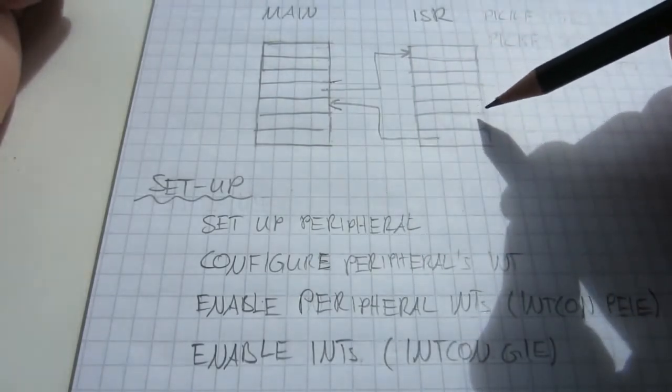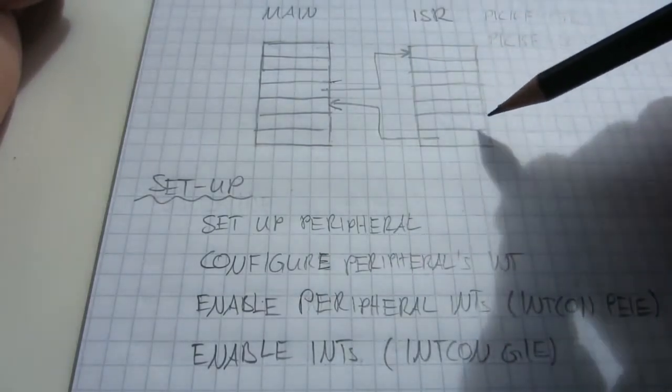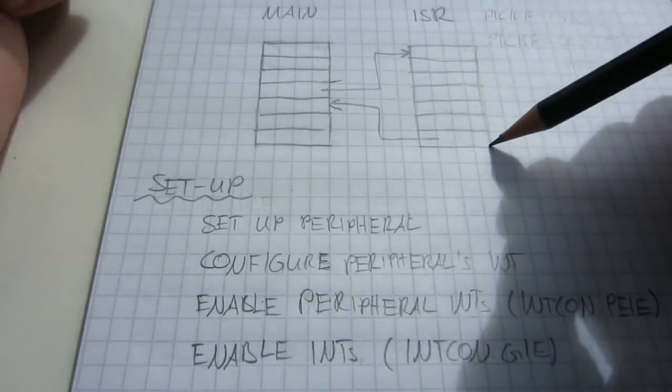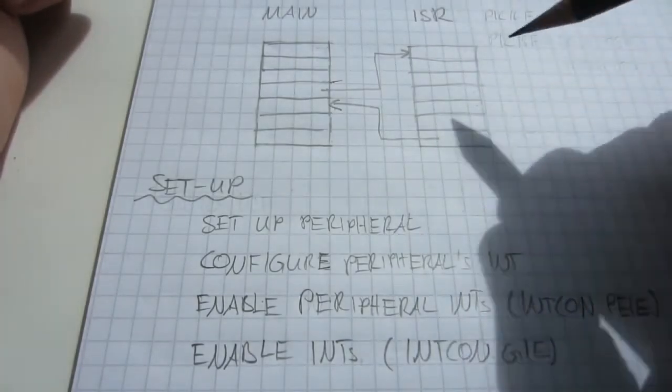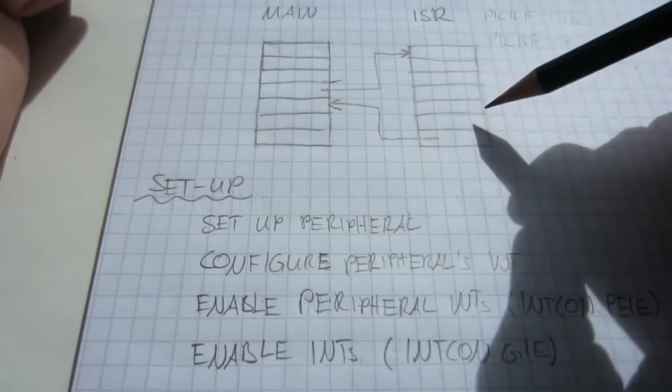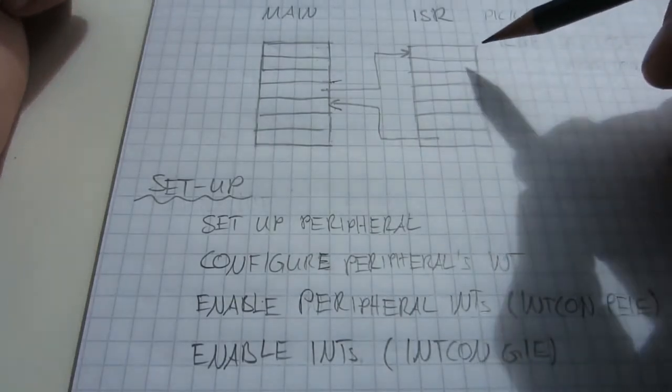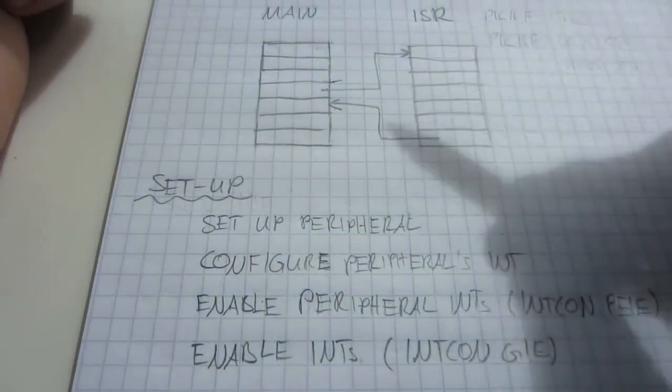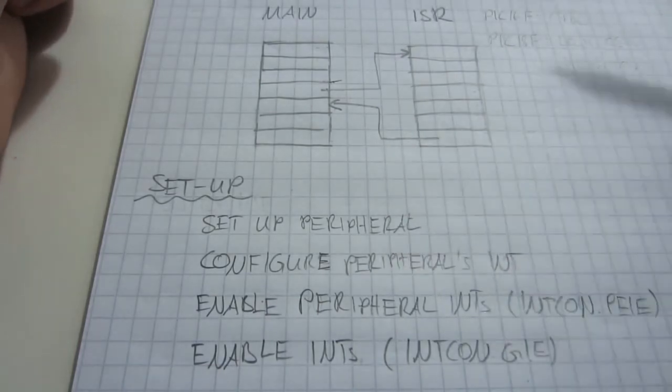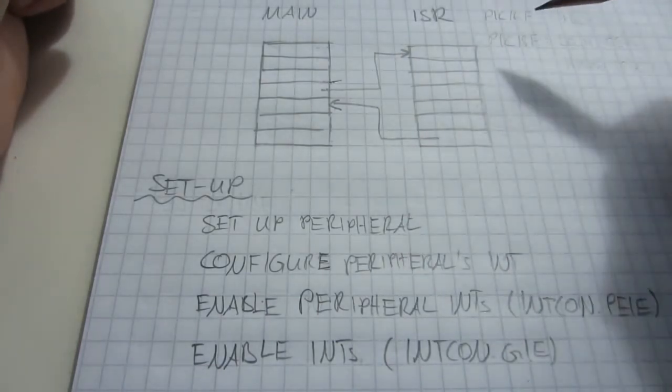And the interrupts are re-enabled once the interrupt service routine is finished. And that's why you want to keep the interrupt service routine as short as possible, so that you don't miss any interrupts when they occur.